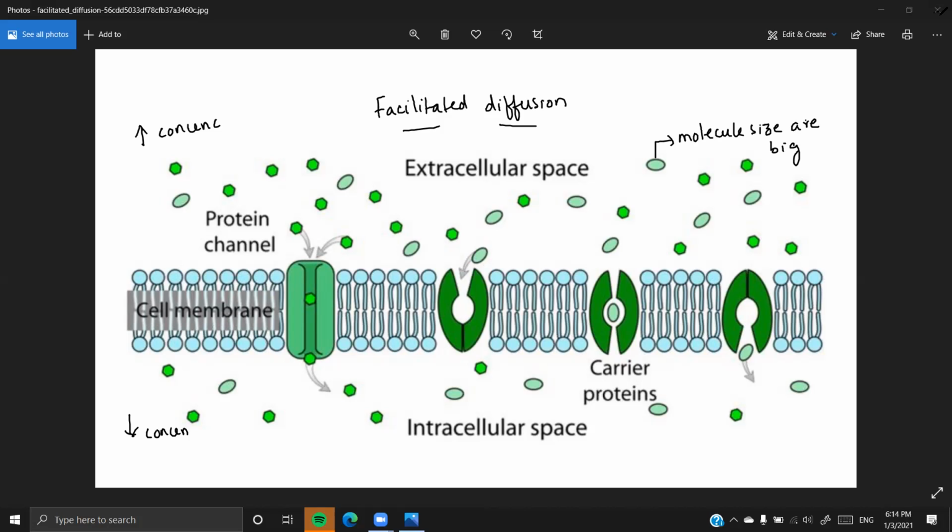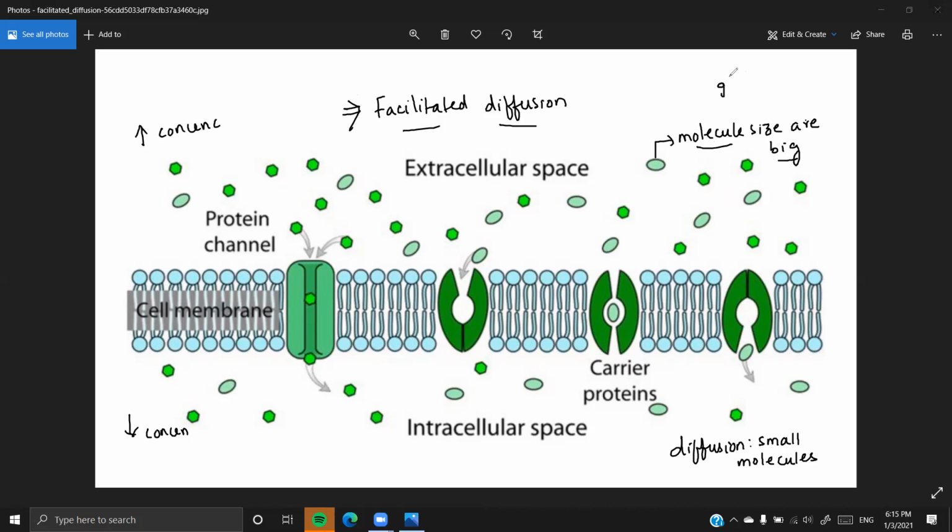In the diffusion process, only small molecules are moving across the semi-permeable membrane. But in facilitated diffusion, we are moving large molecules.